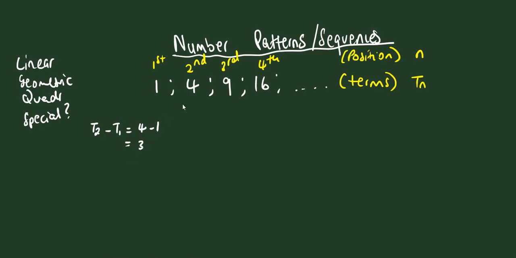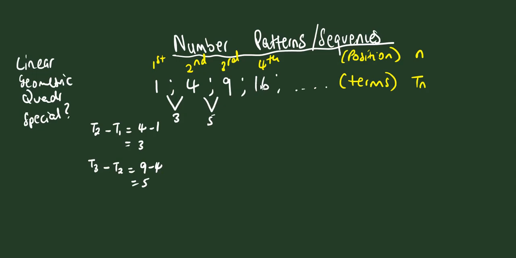Okay, that's okay. So it means to move from this one to this one, it's 3. I say 1 plus 3 to get 4. Then I say, how did I move from this one to this one? Well, this is t3, right? It's the third term, so we're gonna say t3 minus t2. So we say 9 minus 4, we get that it is 5. Okay, so it means I added 5.